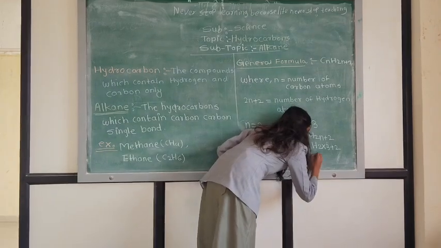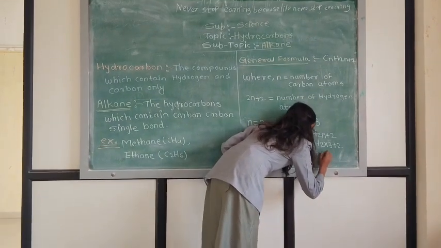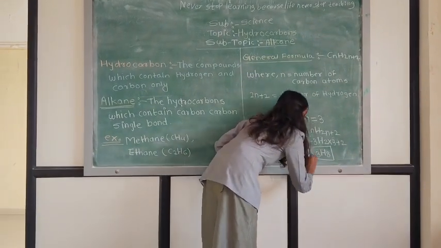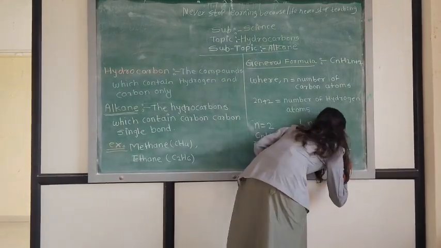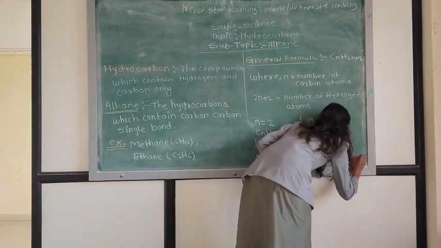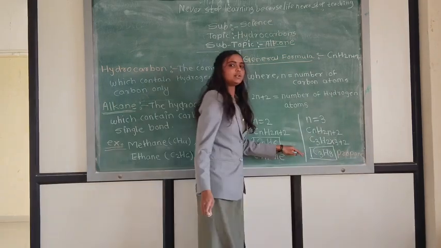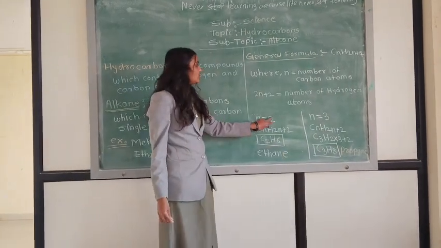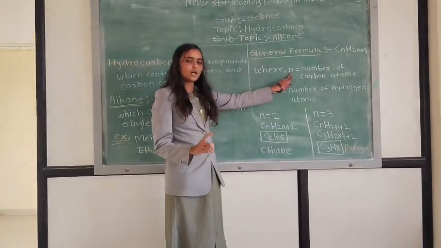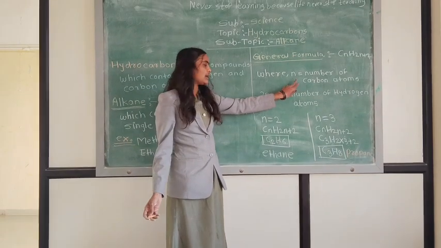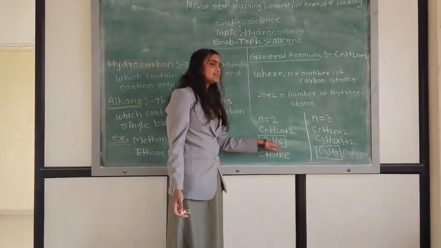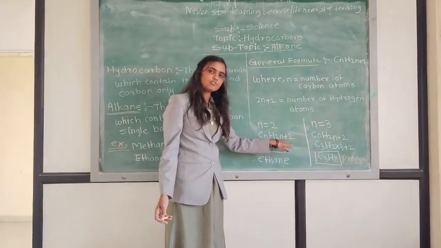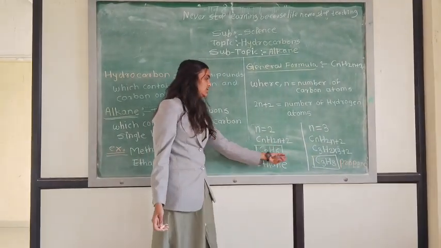So the formula is C3H8, which is nothing but propane. In this way you can put the value of n as 1, 2, 3, 4, 5 and you will get formulas like this. These are the examples of alkane like methane, ethane, propane.